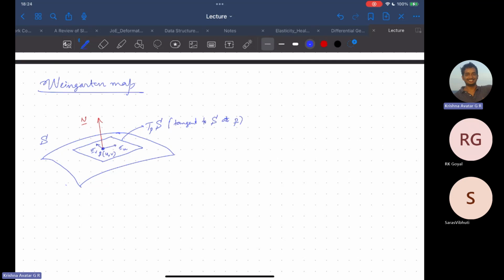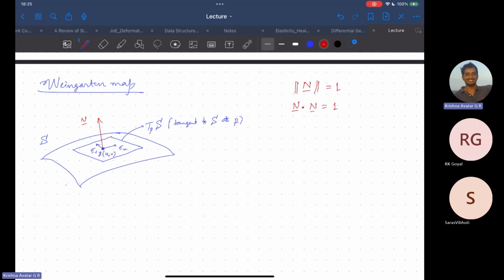Now you'd ask, fine, but what is the Weingarten map? Now take a look at the n vector. You recall that the n vector is unit normed, which means that n dot n is equal to 1.